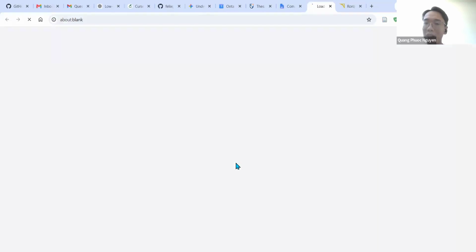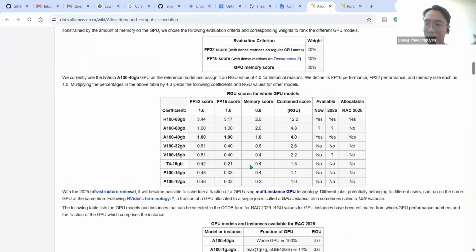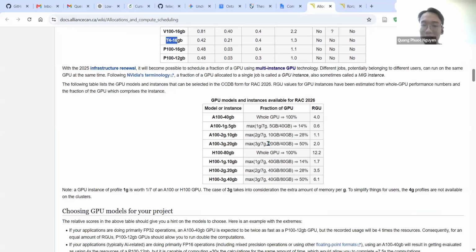But what you can further optimize is that you can try to compare the efficiency of each precision type of computing using different types of GPU.